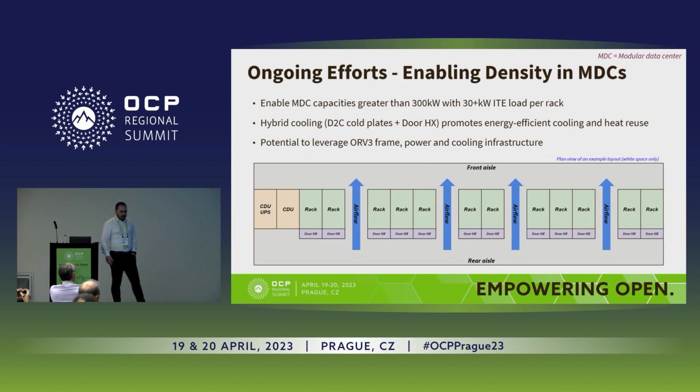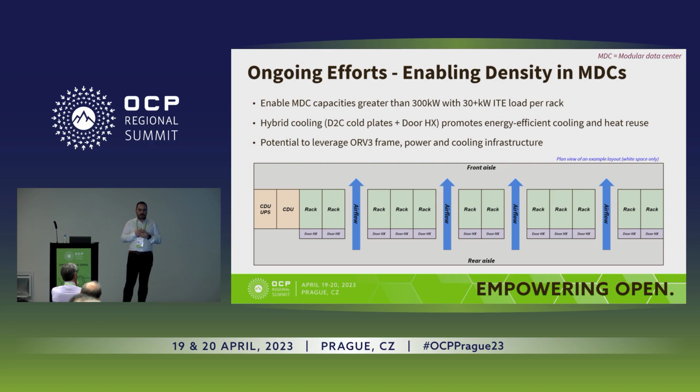We are working also with modular data centers. In that case, we are working on a modular data center with 300 kilowatts and 30 kilowatts IT power per rack, IT density, power density.